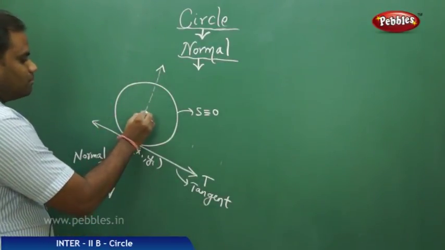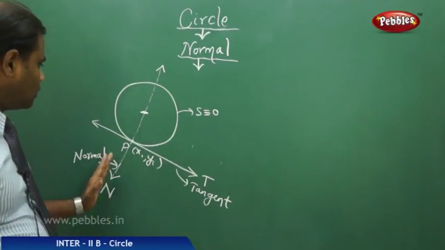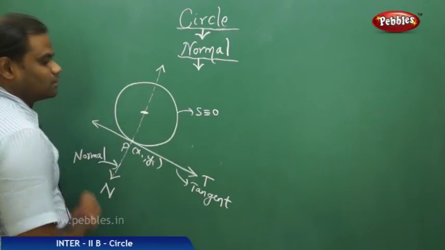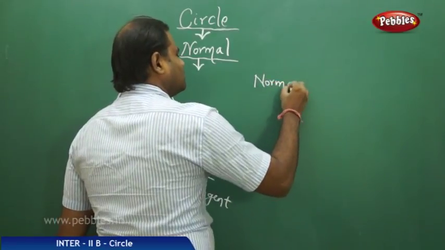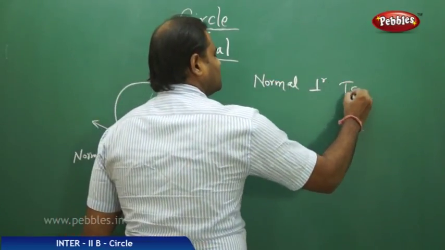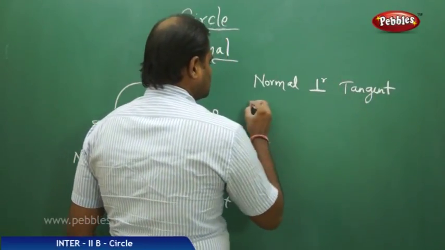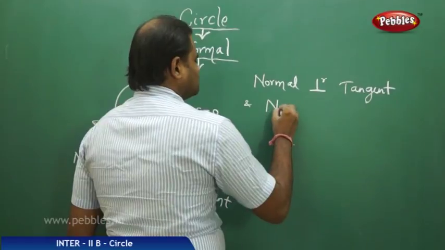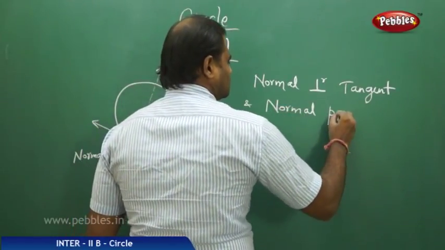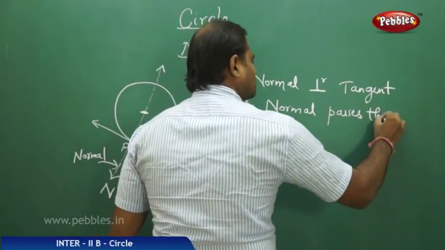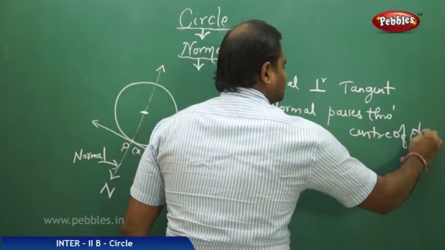But there is a very important geometrical property we need to understand: the normal always passes through the center of the circle. So the normal is perpendicular to the tangent, and the normal passes through the center of the circle.